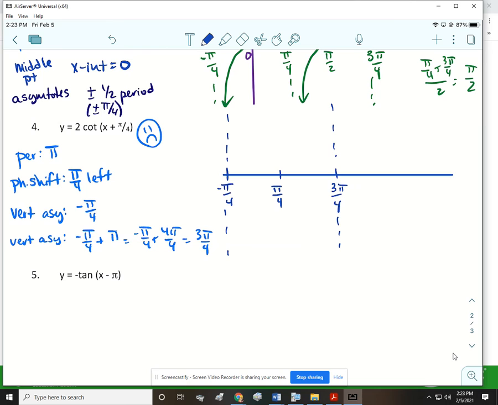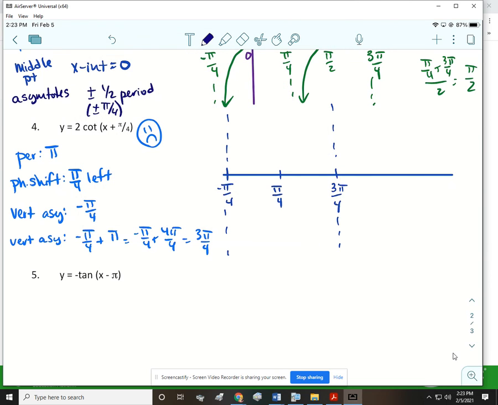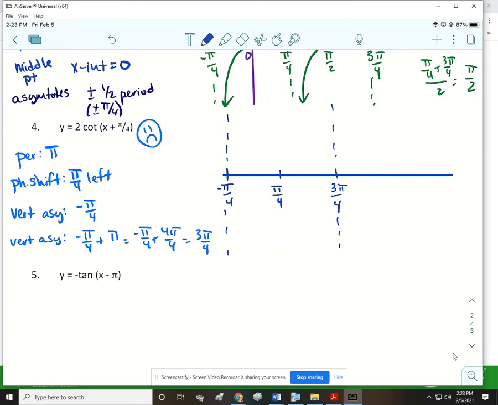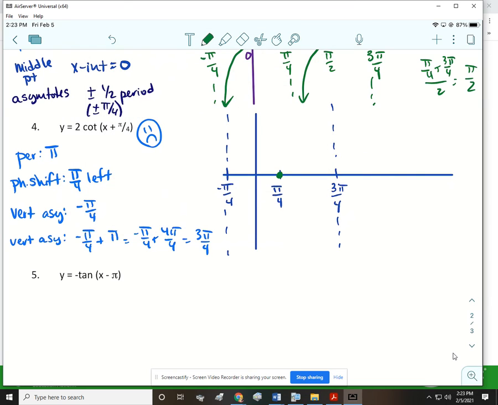And then I can draw my sad graph. Oh, let me draw my y-axis. So the y-axis is going to fall in between pi over 4 and negative pi over 4. So this is my middle, and then I'm going to draw a sad graph.